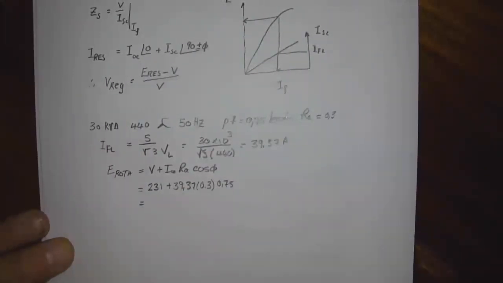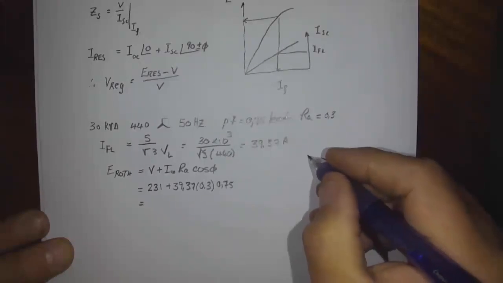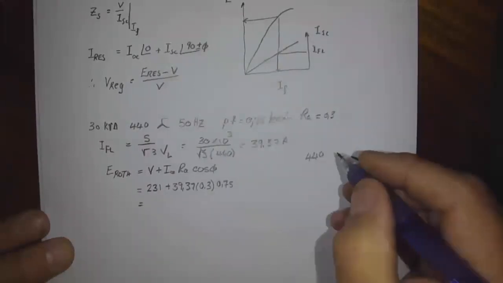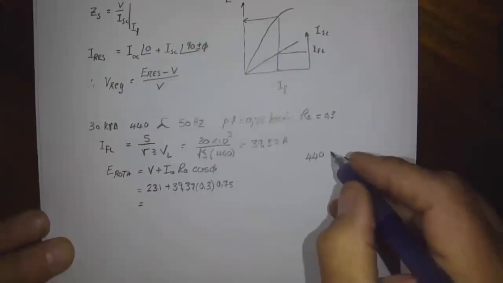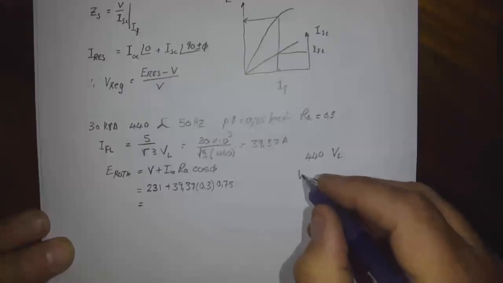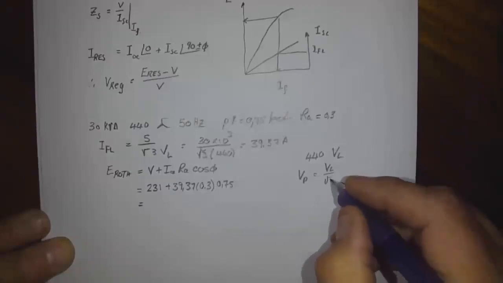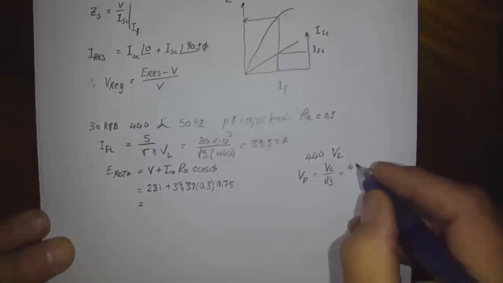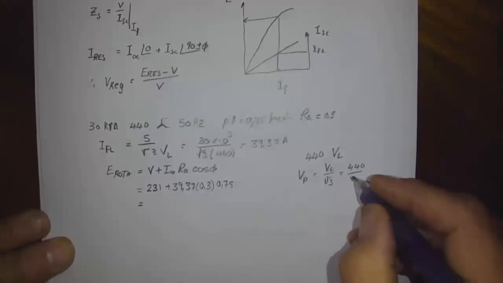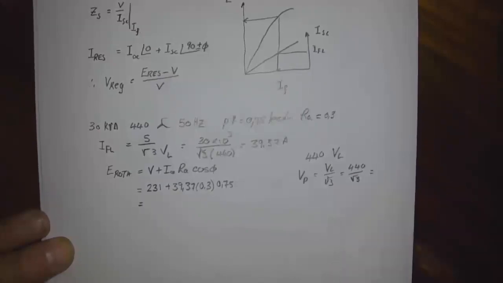Sorry, sir, where do you get the 231? That's the phase voltage at 440. Remember, 440 is line, and V phase is V line divided by square root 3. So that's 440 divided by square root 3. That should give you 231.